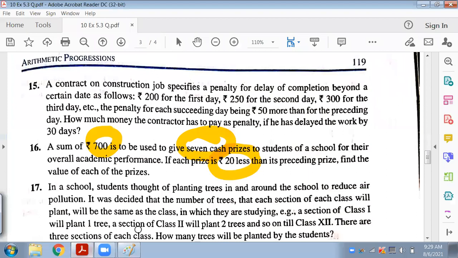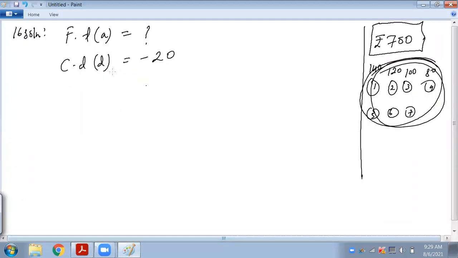So the common difference is minus 20, and n will be 7, because we are utilizing this rupees 700 to give away 7 prizes. And S7 will be 700, so this 700 will be treated as the sum.